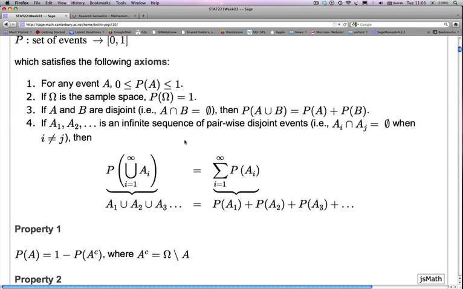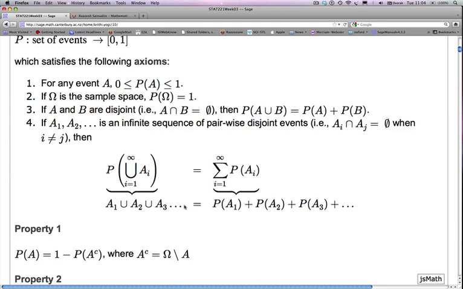If you have a countably infinite sequence of events A1, A2, A3, and so on, such that they're pairwise disjoint, that means if I take any two distinct events AI and AJ, I is not J, say A1 and A13 or A43 and A94, such that their intersection is the empty set, then the probability of that infinite union of pairwise disjoint events, on the left side here, is simply the sum of the probabilities of the individual events.